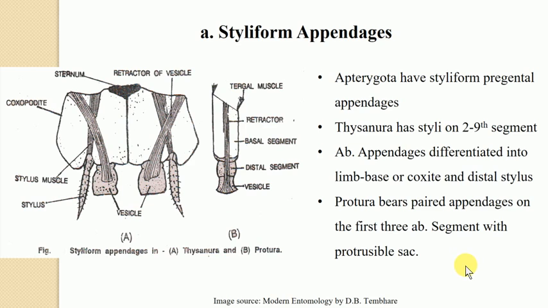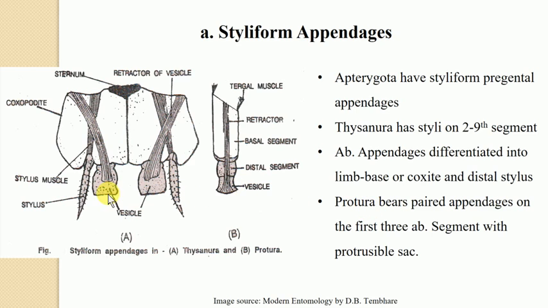These structures or appendages in Protura have the secondary function of respiration, acting as accessory respiratory organs among proturan insects. So this is known as the styliform appendage. The styliform appendage is found only in two groups: the first is Thysanura and the second is Protura.